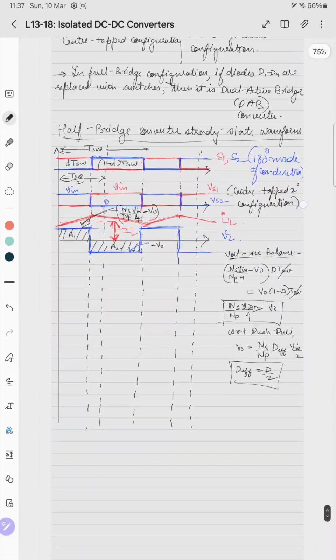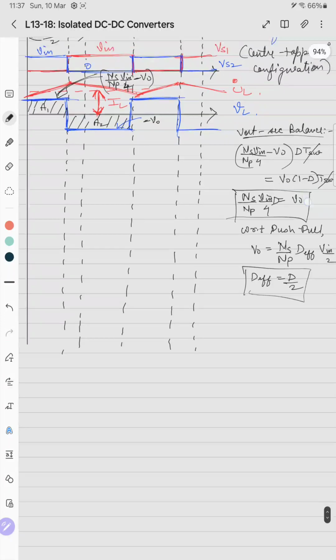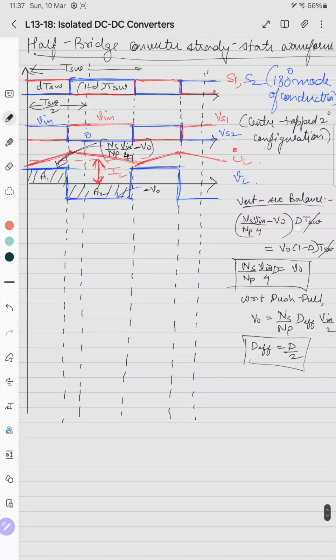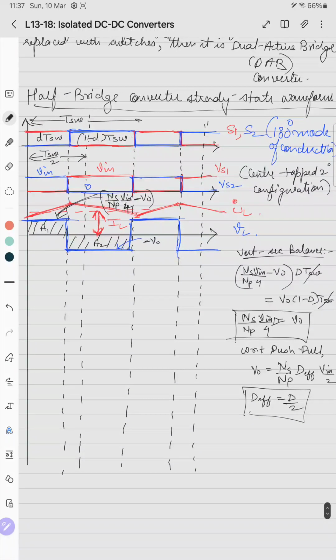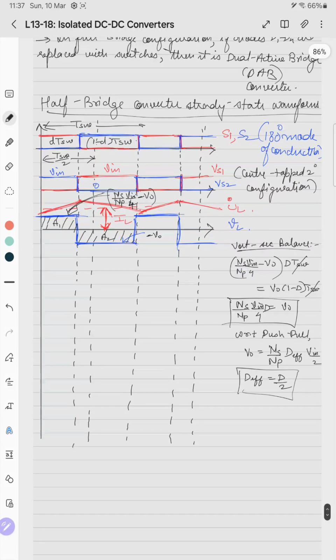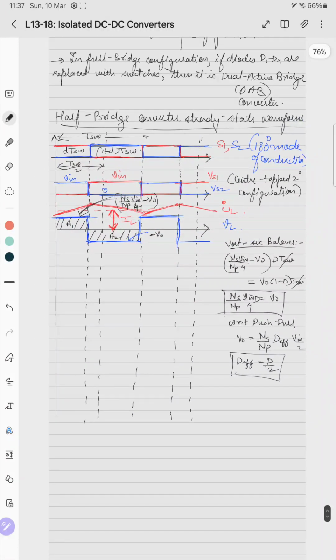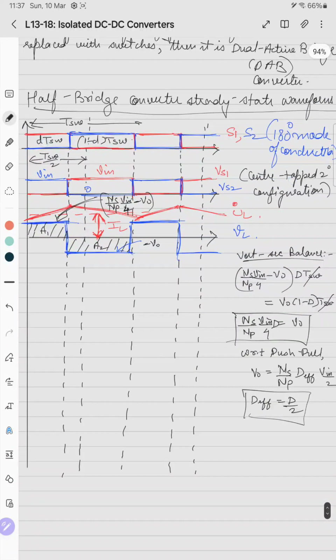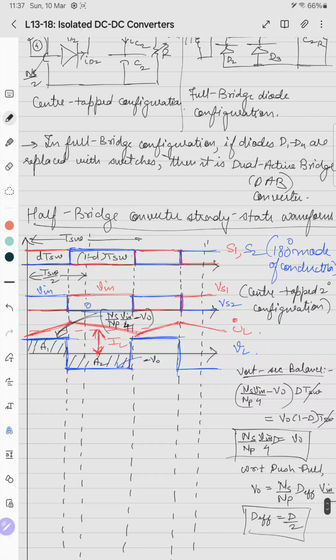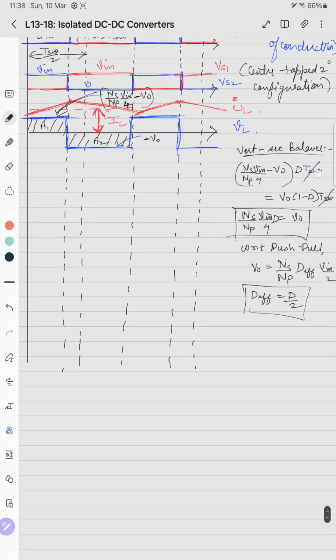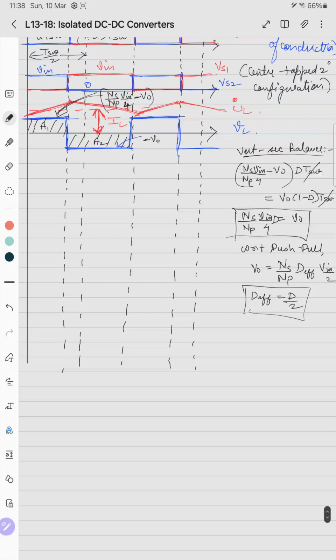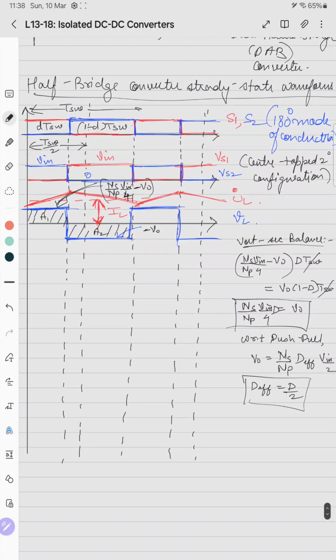So D effective is overall D by 2, and in this case there is no limit on D max, because D max can be 1. Why? Because there is no zero switching state, as there are only 2 switches which operate in complementary fashion. So there is no limit on D max for half bridge converter. So V naught is V in by 4 into D into Ns by Np. This is the steady state relation.